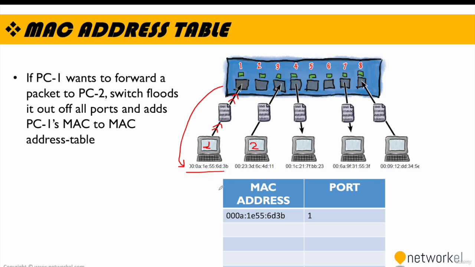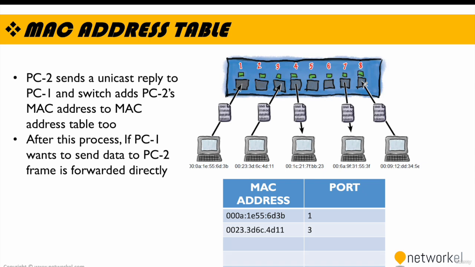Okay, I will add it to my MAC address table. And what about the destination? I don't know, because my MAC address table is just empty. So what I will do is make sure I send out this frame from each and every port that has something connected, okay?